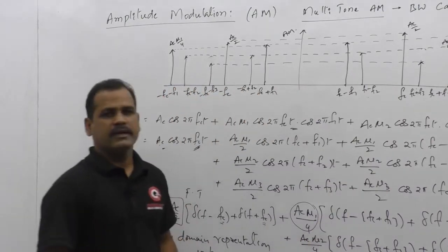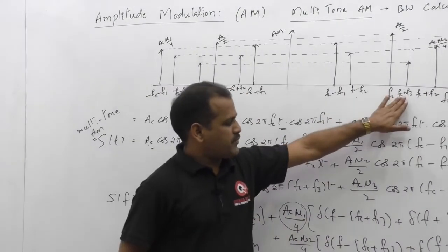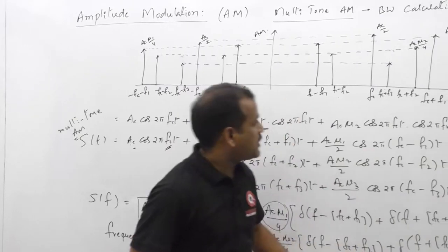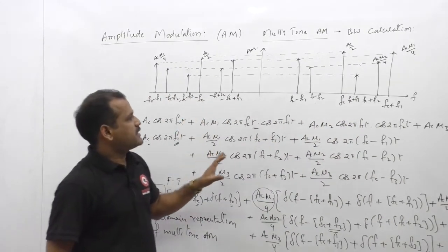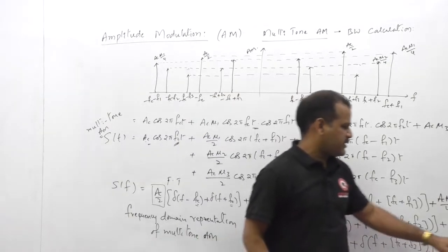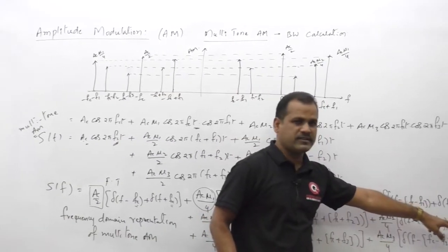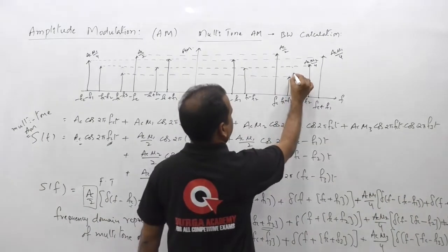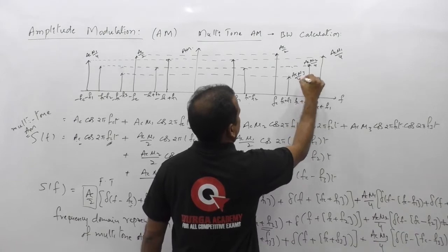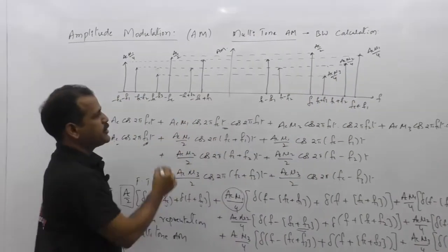You will get the upper side band component for the third one. These two terms I have plotted here and here. Then let us consider the LSB component for the third frequency. This is the right side component, that is the left side component. Observe the Ac mu3 by 4 amplitude here for both LSB and USB.